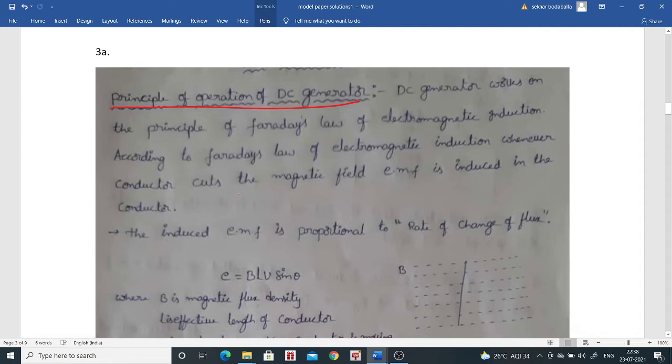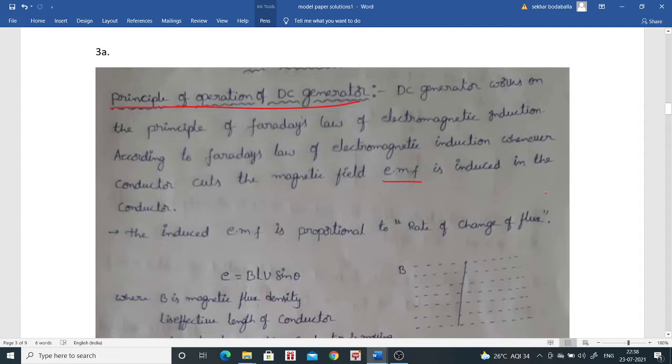In order to have induced EMF, we need a magnetic flux and a moving conductor. Whenever this conductor rotates within the magnetic flux, it will cut the flux, and there will be EMF induced in the conductor.